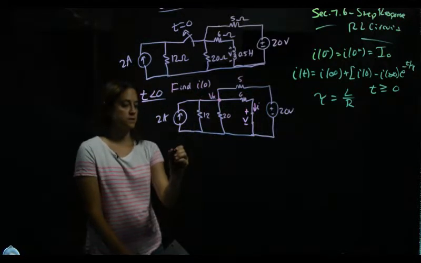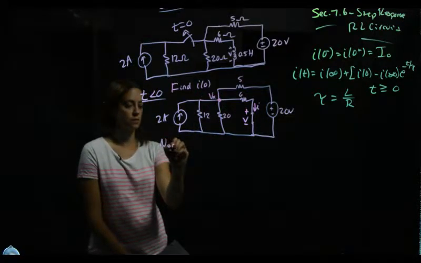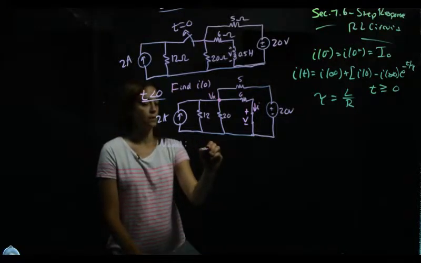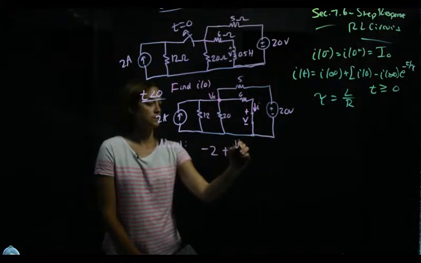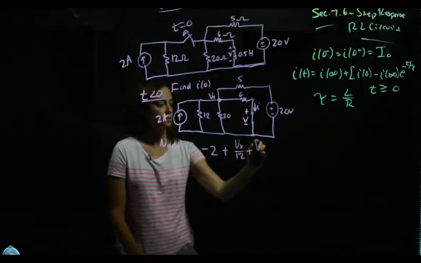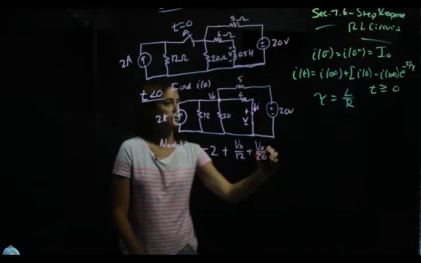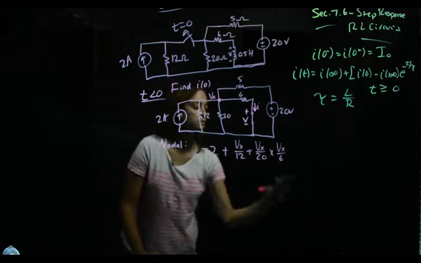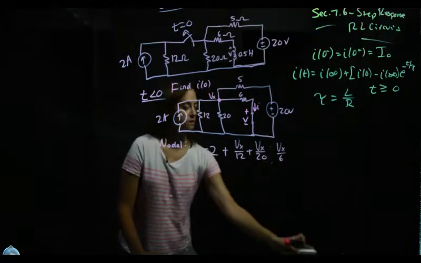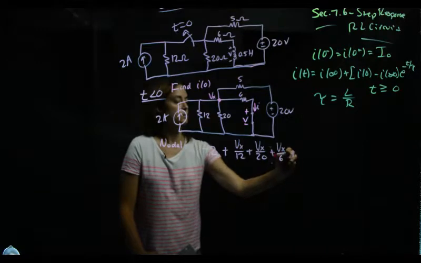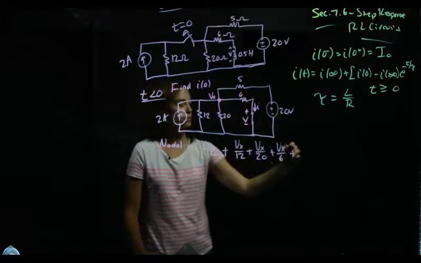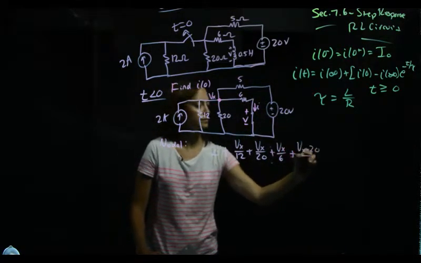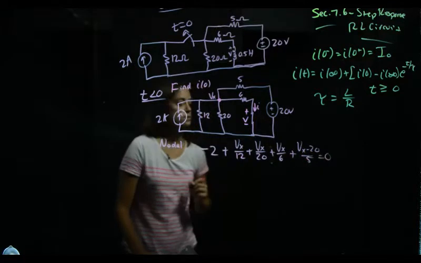So I have 2 amps entering. Again, we're using nodal. Minus 2 plus Vx over 12 plus Vx over 20 plus Vx over 6. Getting a little crazy with my x's. Plus Vx minus 20 over 5 equals 0.